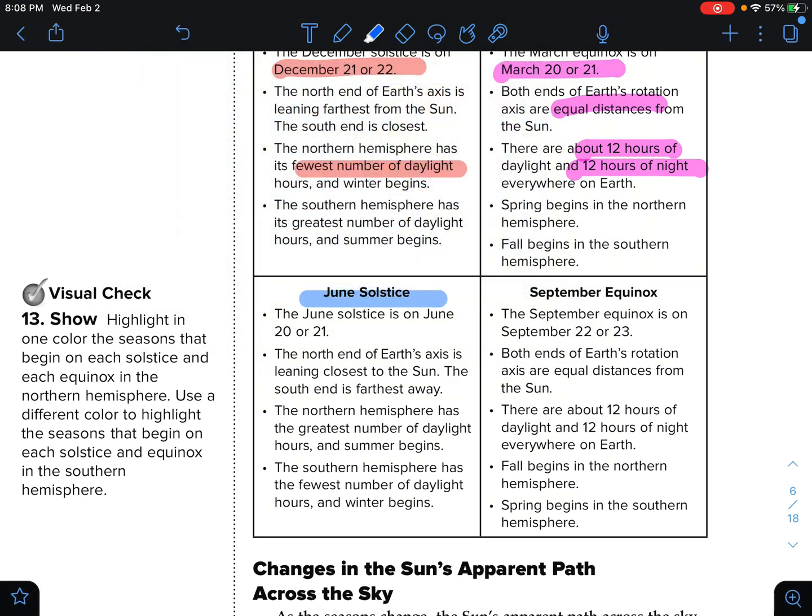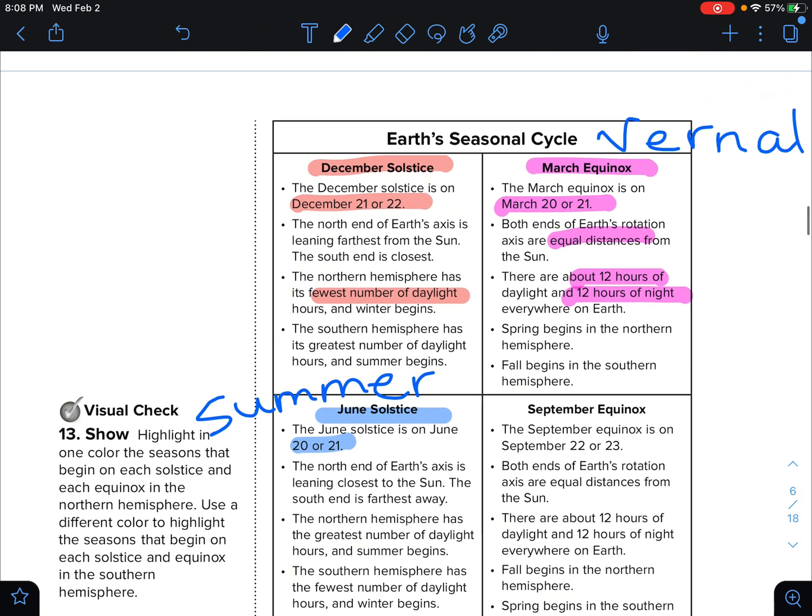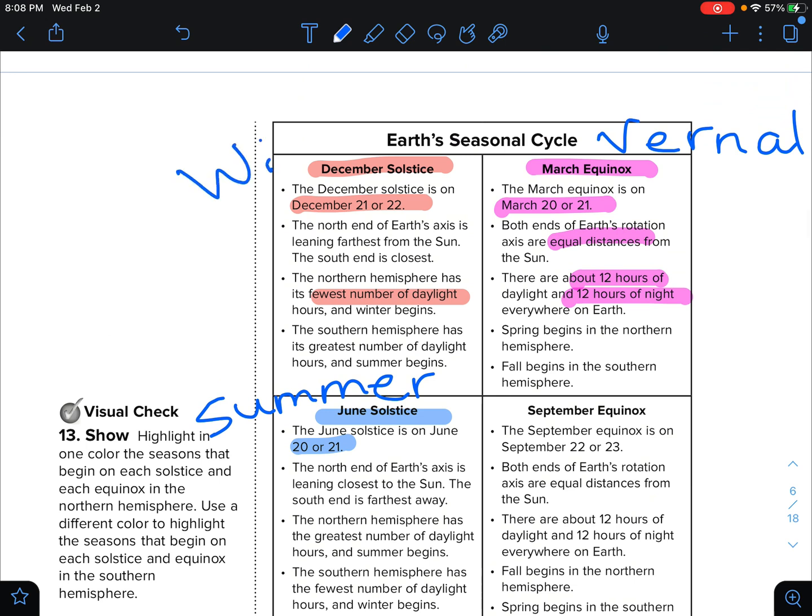Okay, so then we're going to come down to the June solstice. The June solstice is on June 20th or 21st. This is also known as the summer solstice. And so I bet you could guess that this one is also known as the winter solstice.